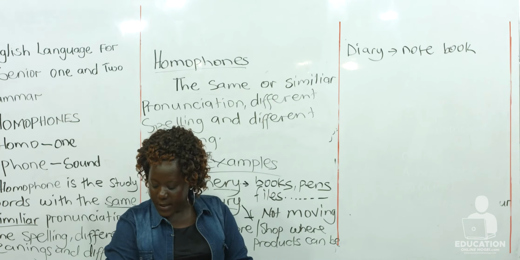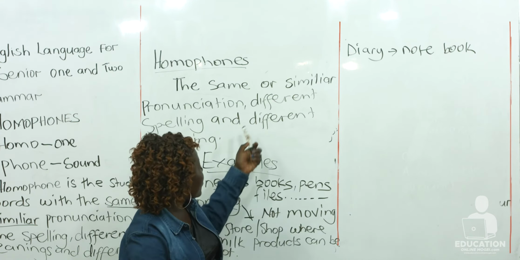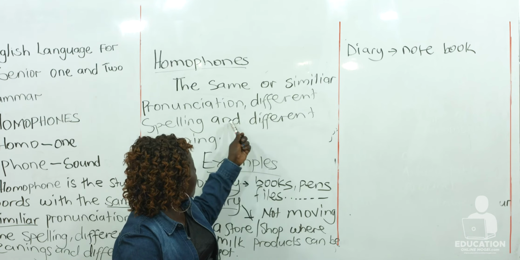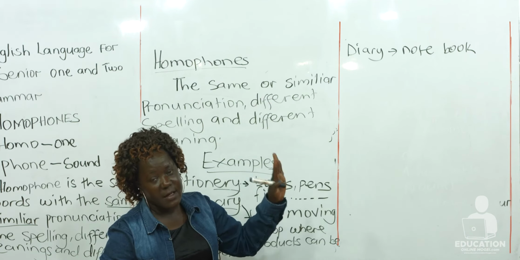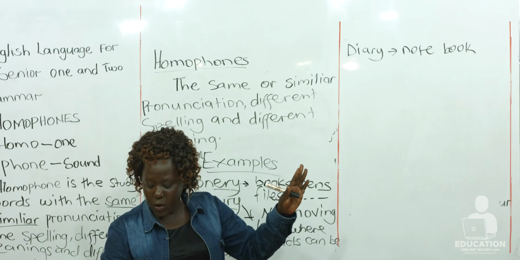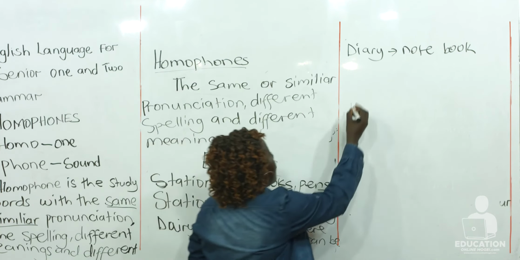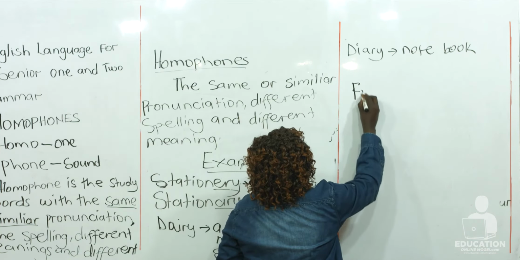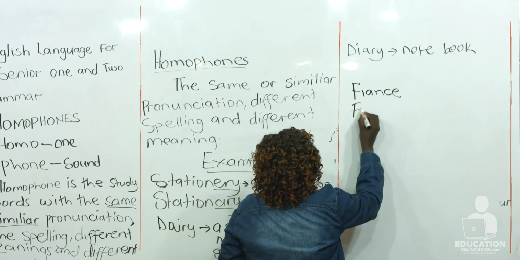Not only that one, we can also see another pair of homophones which are spelled differently, pronounced alike, yet with different meanings. Look at words like fiancé, fiancée, and fiancé.